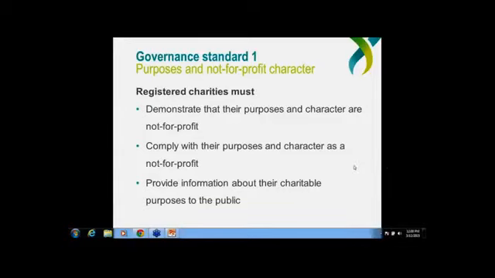Finally, you must make information available about your purposes to the public. This year, in the 2014 financial year, the ACNC has required all charities to provide us with your governing documents along with your annual information statement for 2014. We'll publish those, so that is a way of satisfying this particular standard.